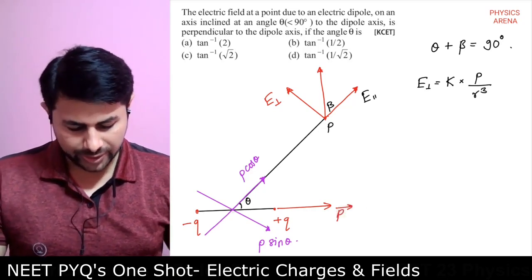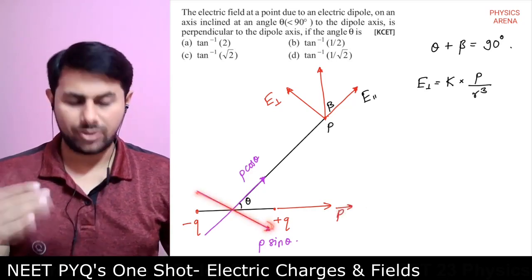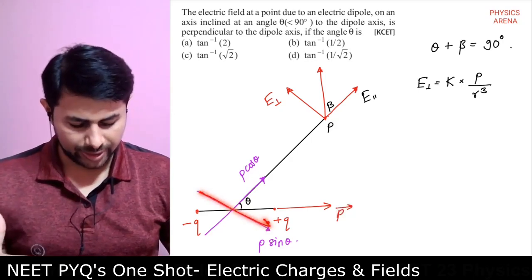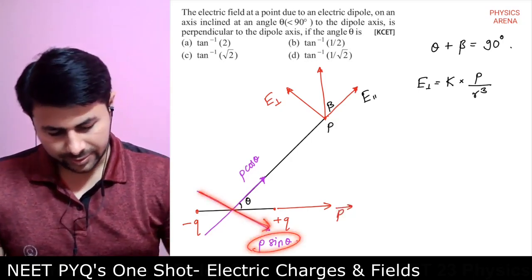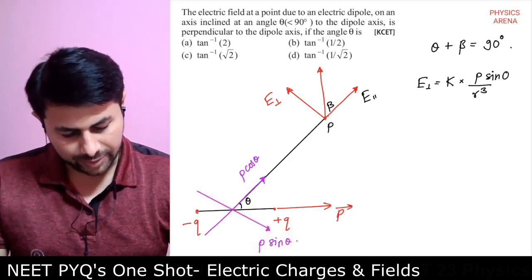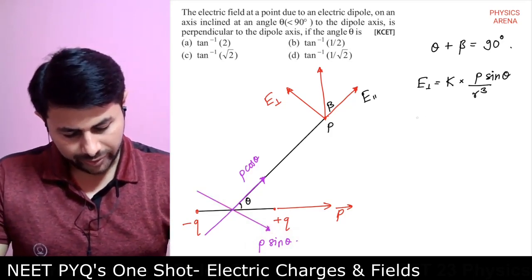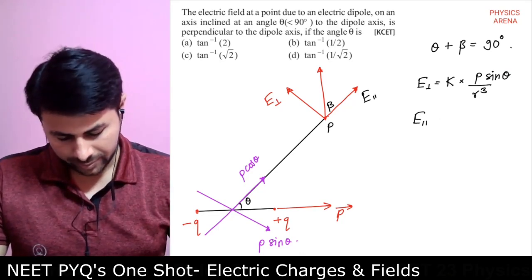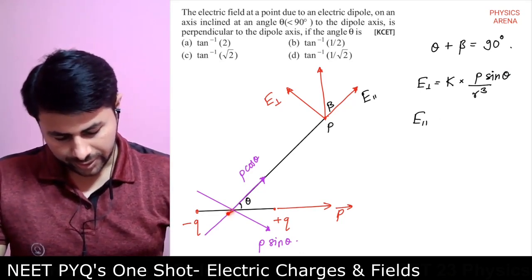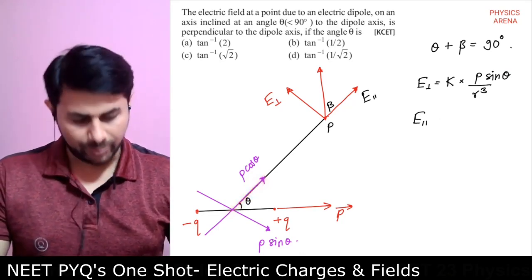But it is caused by this component. It is not P, right? This dipole moment is not P, it is P sine theta. So it's K P sine theta divided by R cube. Okay, and what is E parallel? Is electric field due to this component of the dipole.